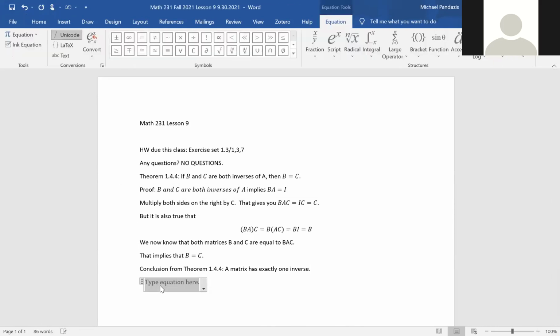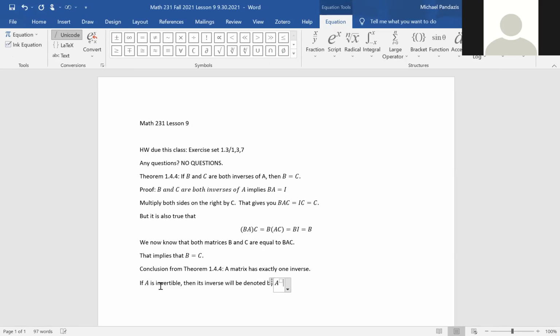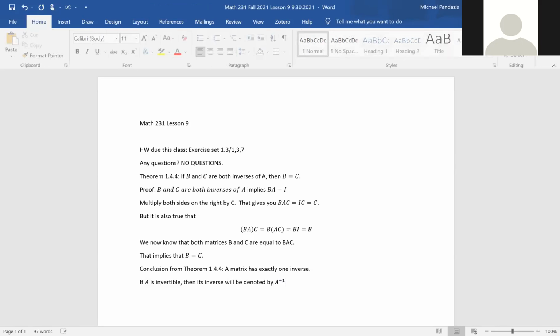If A is invertible, then its inverse will be denoted by the symbol A superscript -1.